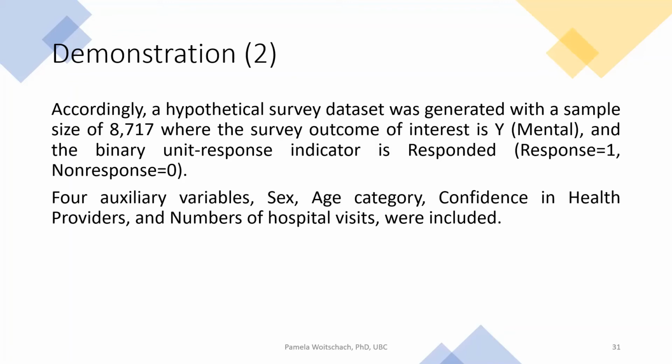In this case, our outcome variable is mental, and then we have a binary unit response indicator that classifies respondents into 1 and non-respondents into 0. We have 4 auxiliary variables: sex or gender, age category, confidence in health providers, and number of hospital visits.